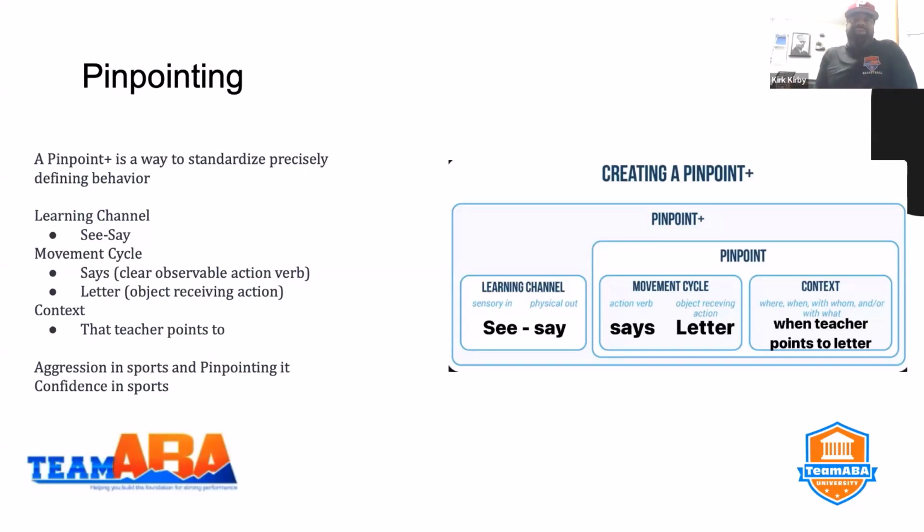Now we move on to the movement cycle, because basically it's just like the slide here. It was see-say. We use see-say because he's looking at the sideline, he sees the sign, and then he has to relay that to his huddle, to his teammates. So see-say is our learning channel, and we were in the huddle to shape him up, making sure he's being corrected, and then putting him on frequency drills and testing.